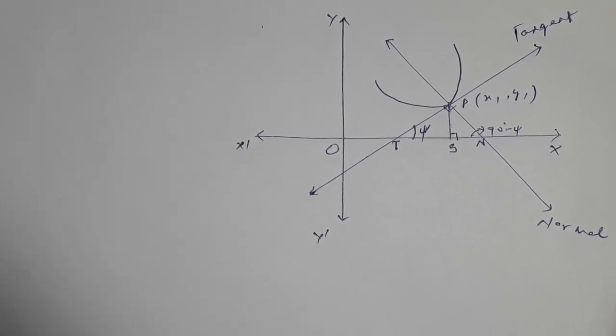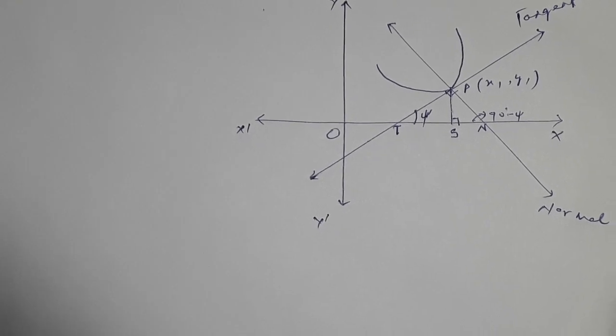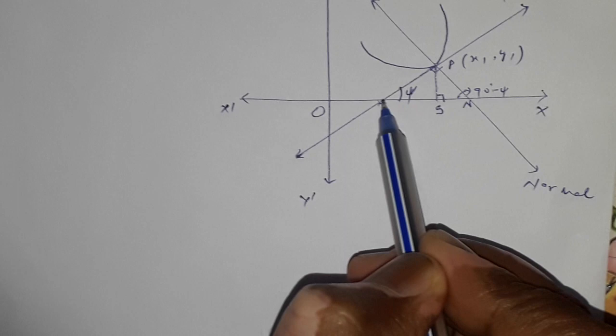Now we discuss the length of the tangent. Here PT is the length of the tangent.